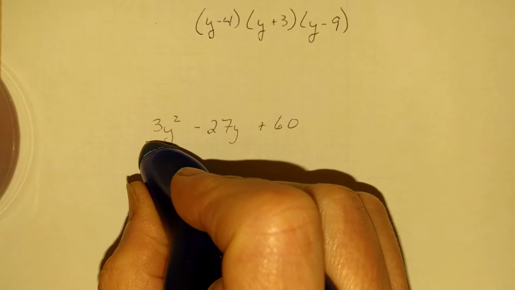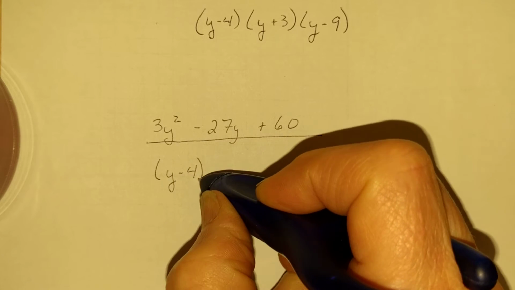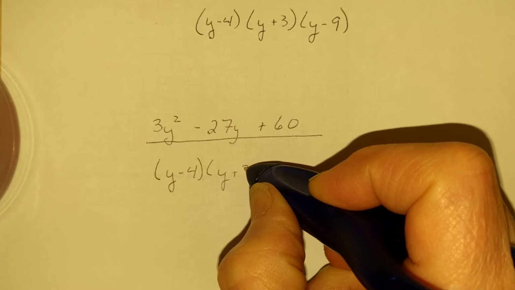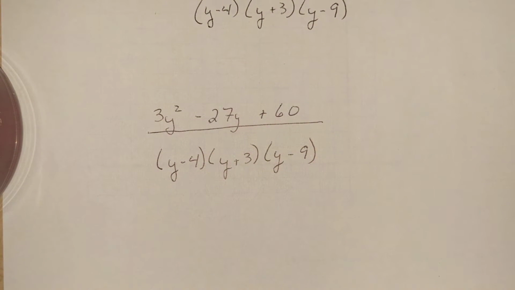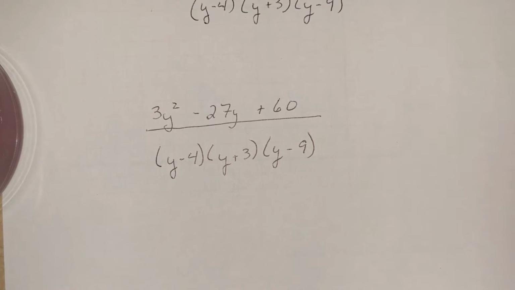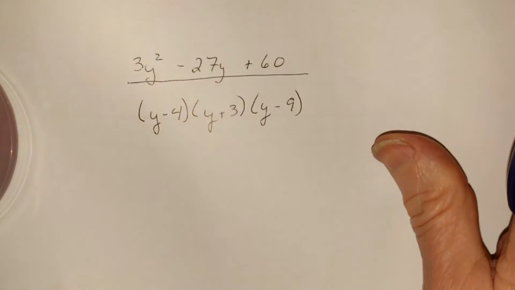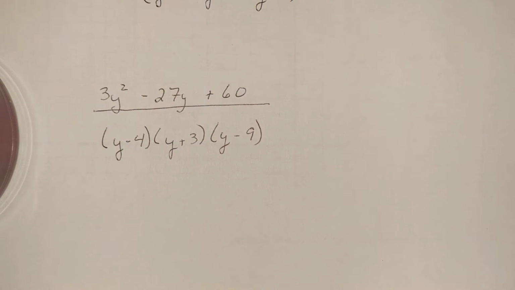So now I've combined all my like terms, but I'm not done yet. There's my least common denominator. So now I'm going to factor my numerator to see if my fraction simplifies any further.